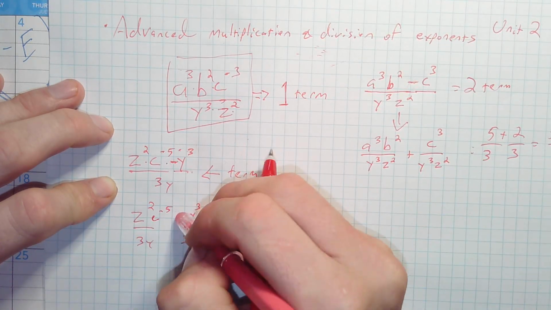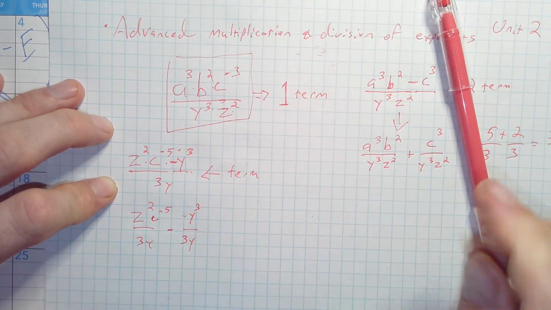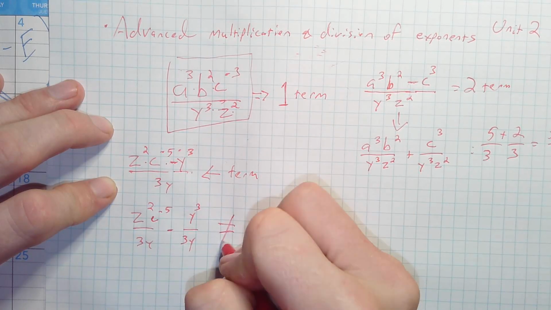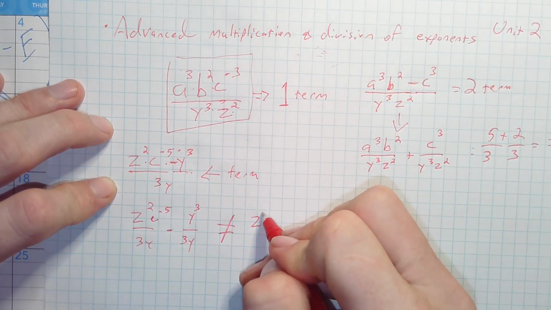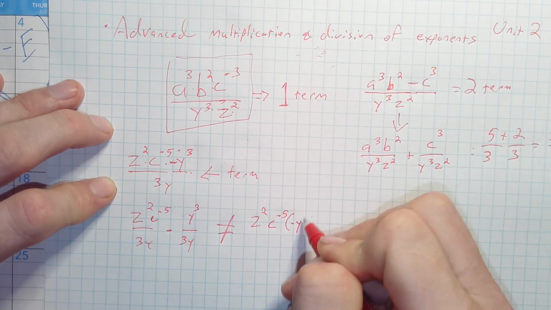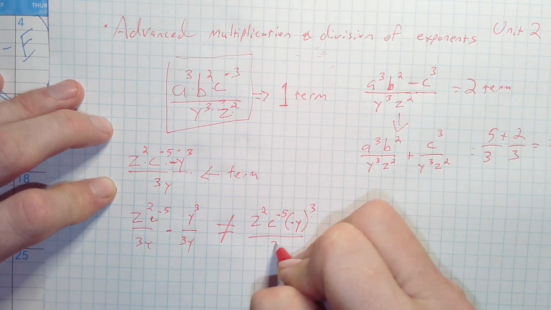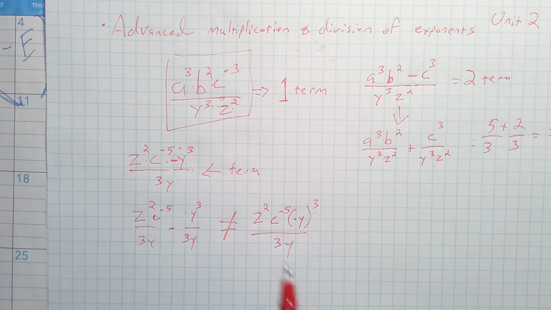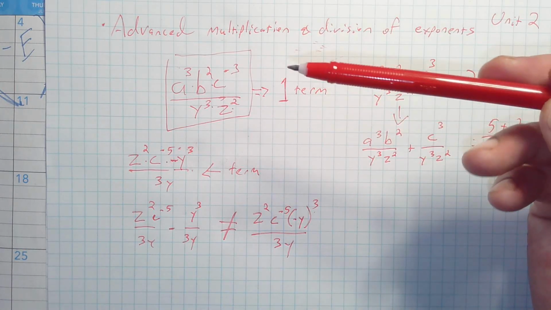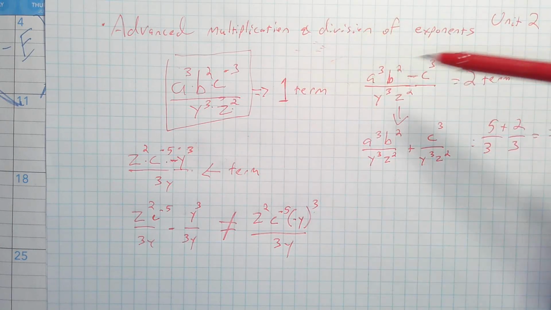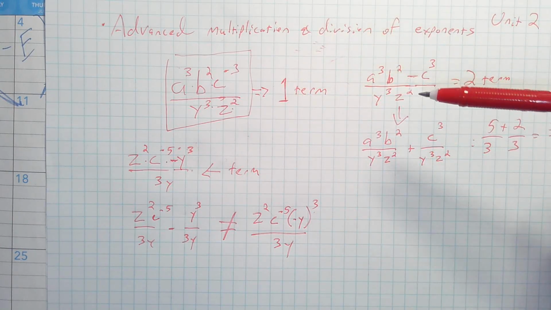That's completely different. So this does not equal z squared c to the negative fifth times the negative y cubed over 3y. Those are not the same thing, all because of those parentheses. Okay, so I just wanted you to understand the difference between and the importance of identifying the number of terms, right?